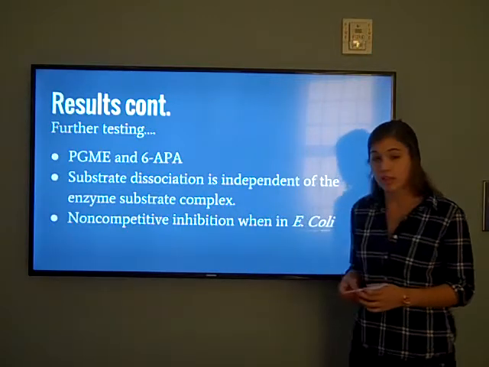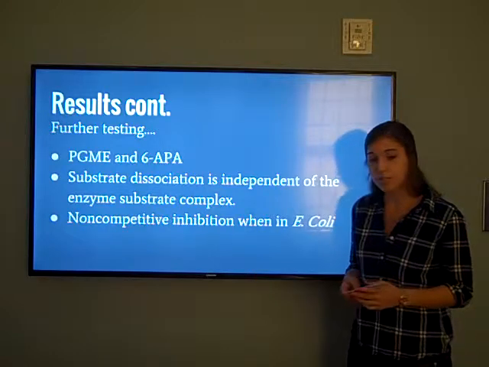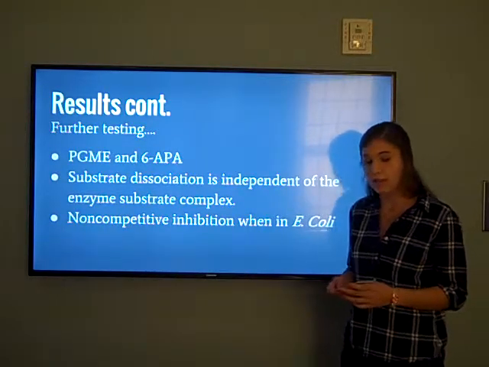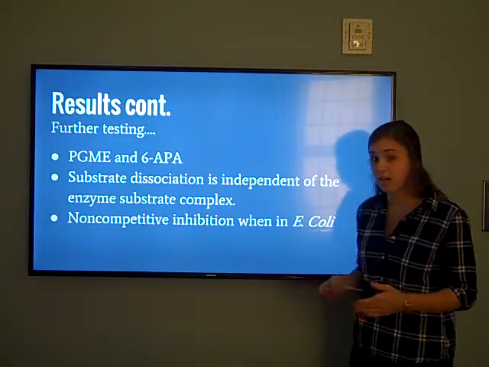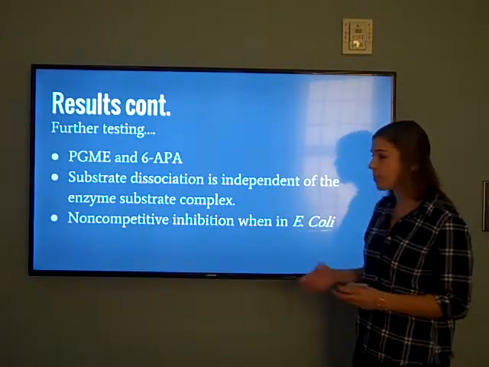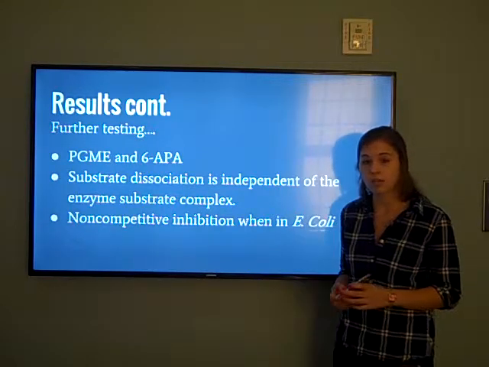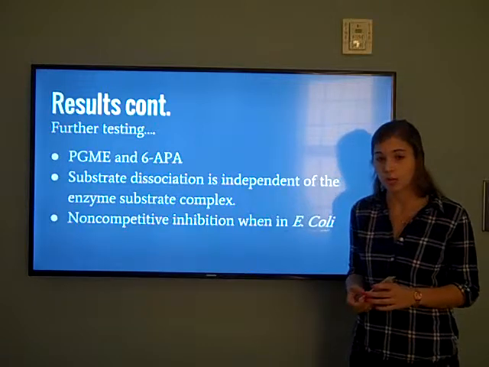At the pH of 6, both PGME and 6-APA produced 17.45 more milligrams of ampicillin per unit of enzyme per activity of the batch, compared to that of at the pH of 7. They also did this study and were able to determine that substrate dissociation is independent of the enzyme complex, and they also found out that it's non-competitive inhibition in E. coli.